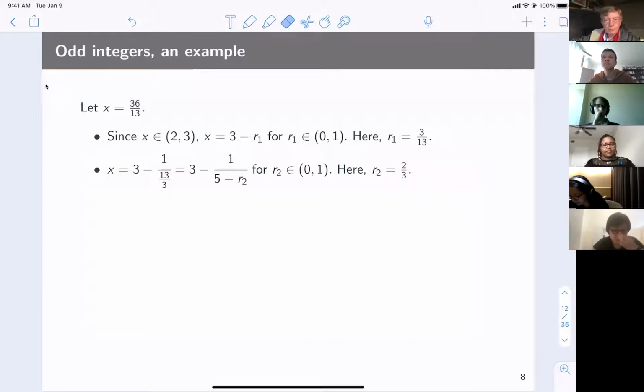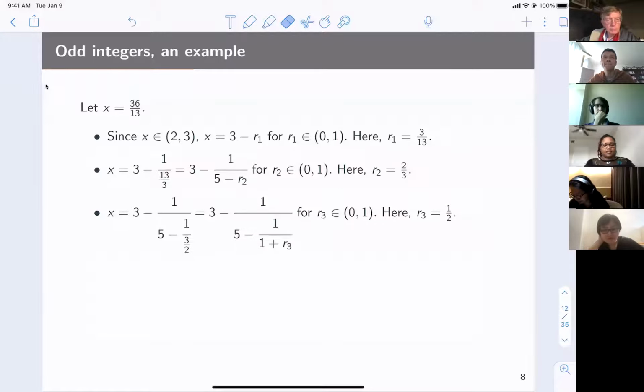So we now have 13 over 3 in our denominator, which is between 4 and 5. Again, we round up and subtract our error. Which again, we are between 1 and 2, so we round down finally and add. And now we get that our error is 1/2.